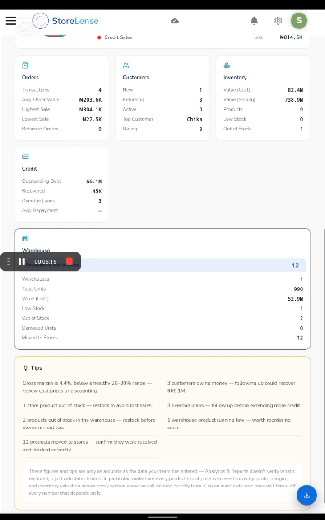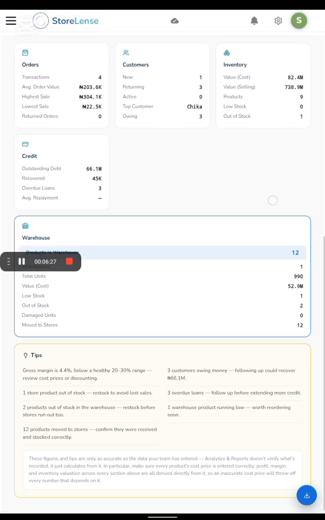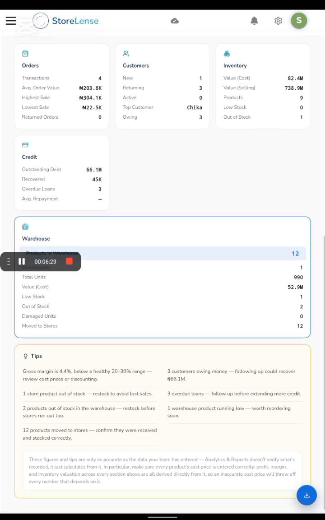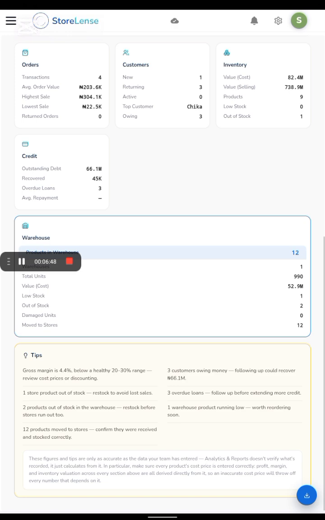For all the cost prices of a product, the quantities will be multiplied by the cost prices and accumulated as the value cost. The same thing happens with the selling price: the selling prices with the quantities will be accumulated and will give you the value selling. Now the products: how many products do I have? How many of them are on low stock, and how many of them are out of stock? This is what you'll be seeing under your inventory.